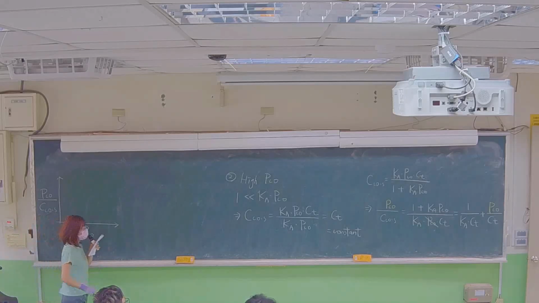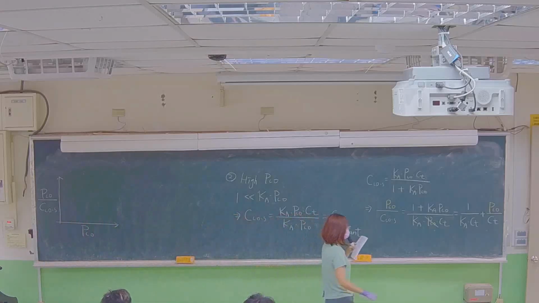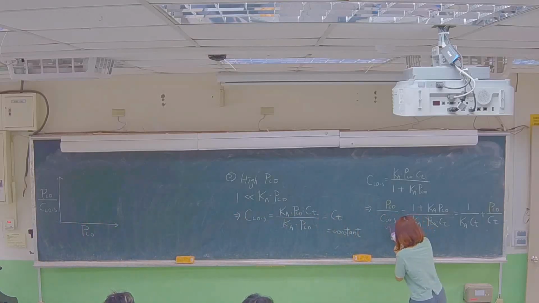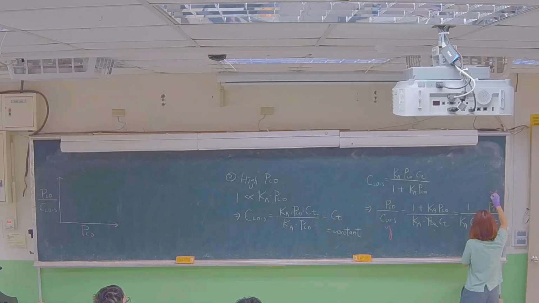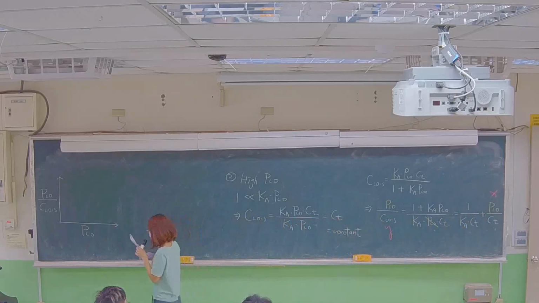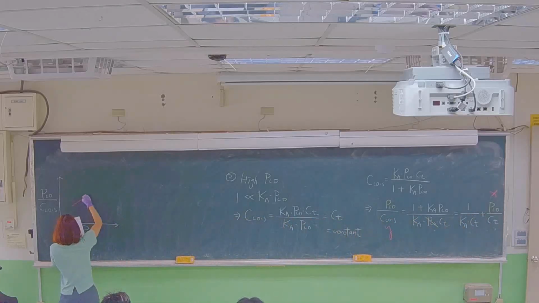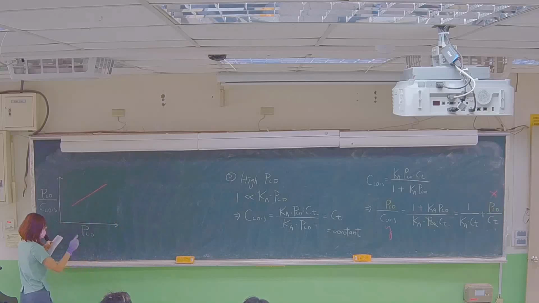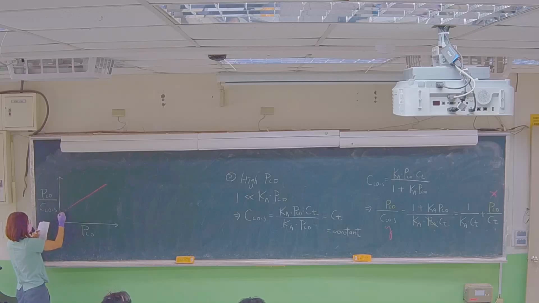So actually, this is Y, and this is X. The slope is 1 over CT, and this is the intercept. So you may get a linear line this time, and you can extend this to get this intercept.